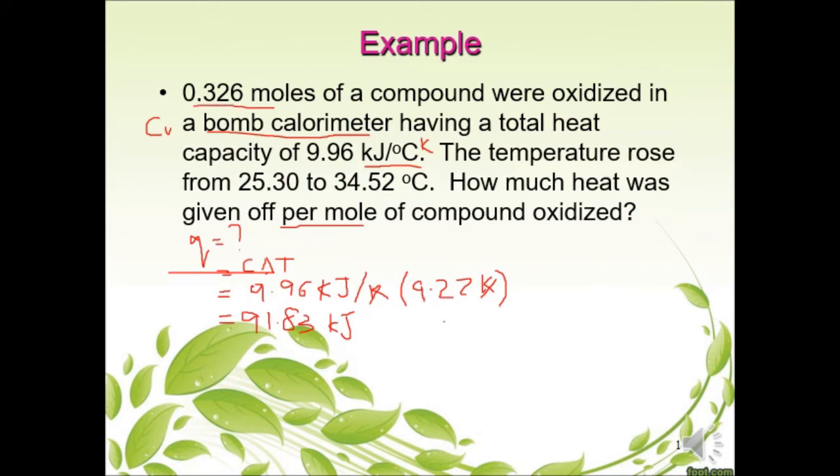So actually 91.83 kilojoule is referring only to this much compound, 0.326 mole. Now the question is asking for per mole, so 1 mole, how much energy will be given off?